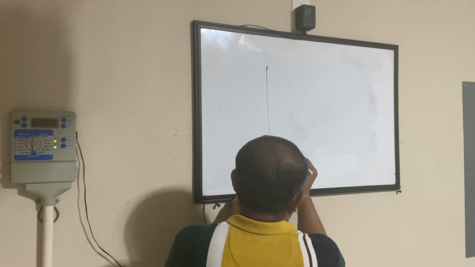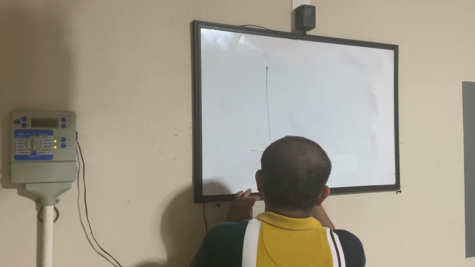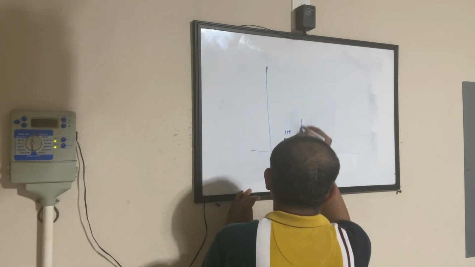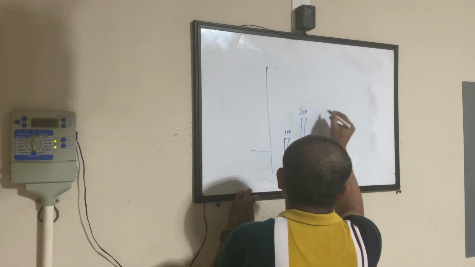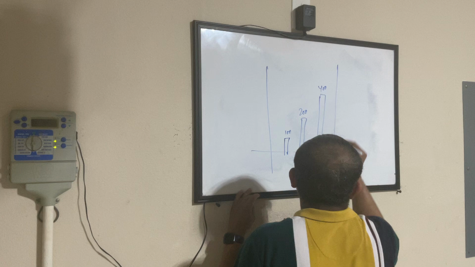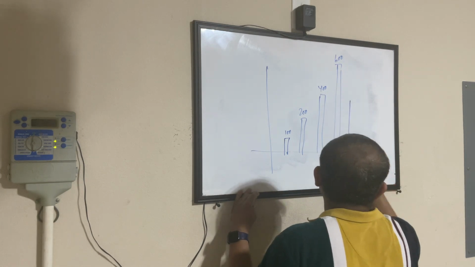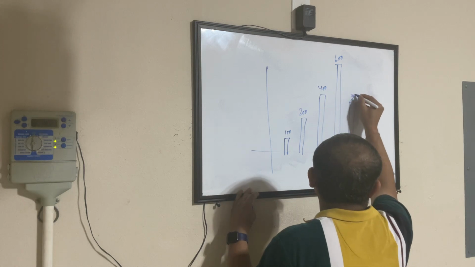let's say same scenario, okay, growth of child or let's say growth of revenue. $100, $200, $400, $600, again $300.